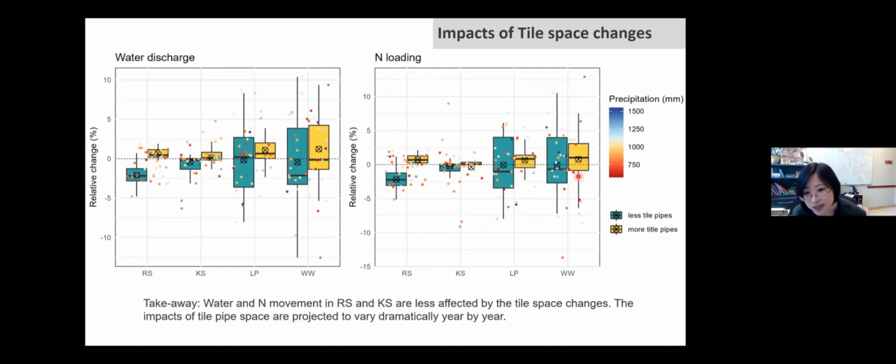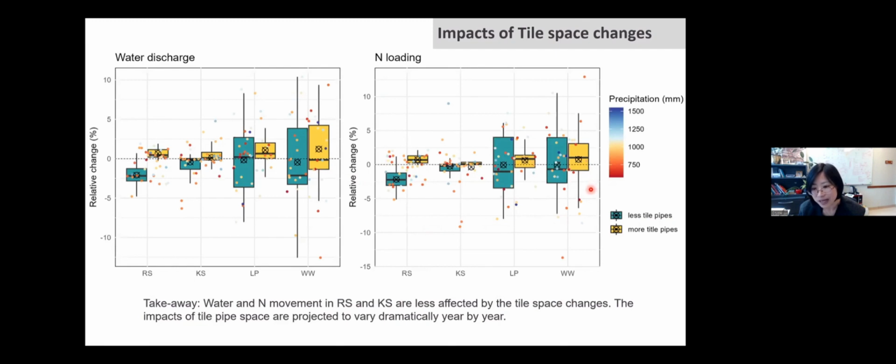Generally speaking, more tile pipelines are likely to cause more water discharge and a higher nitrogen loading. Here you can see the zero line. If they are above the zero line, that means increased water discharge and increased nitrogen loading.